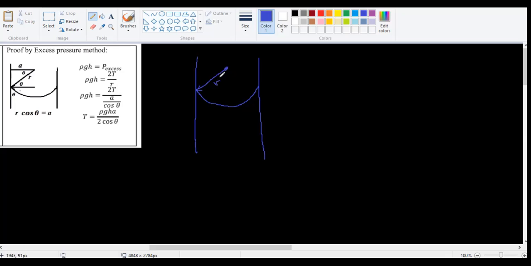So this is the radius of curvature. Earlier we had taken the diameter of the tube as A. Now you should know why I have not taken R, instead I took it as A. So radius of the tube is different from the radius of this concave surface, which is another thing. So take it down properly. This is a concave surface.